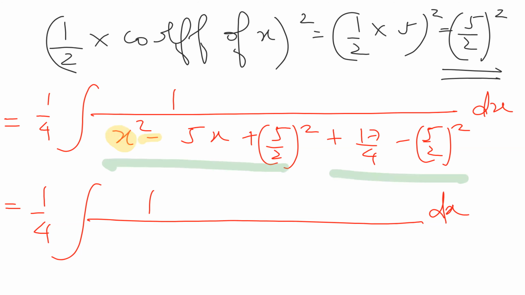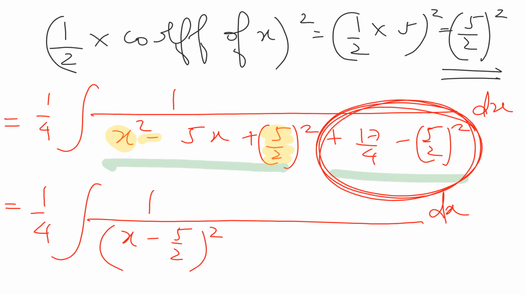X minus 5 by 2 the whole square. Always solve the last two terms. So plus 17 by 4 minus 25 by 4.